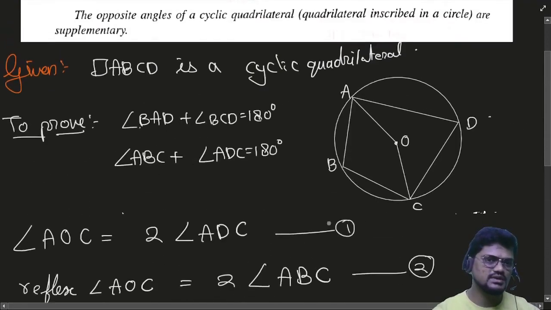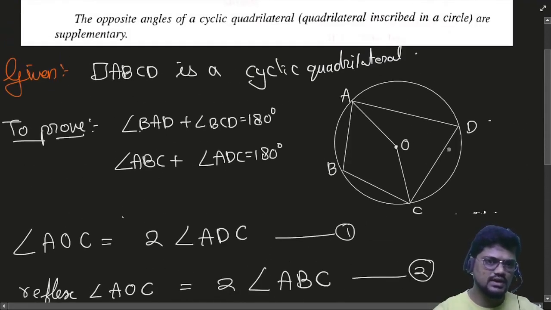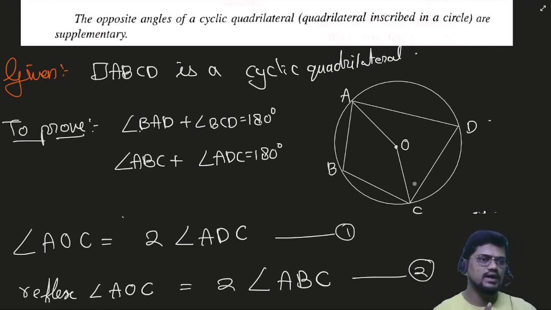What are ADC and ABC? They are the opposite angles of a cyclic quadrilateral, and this is the proof that if you add two opposite angles of a cyclic quadrilateral, they are supplementary, the sum of both will be equal to 180 degrees.